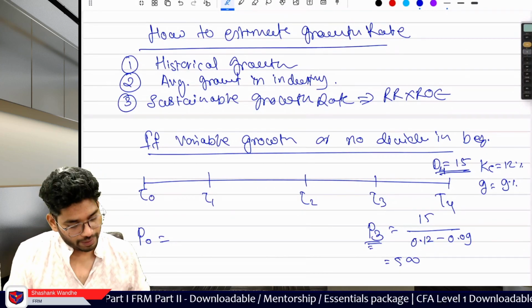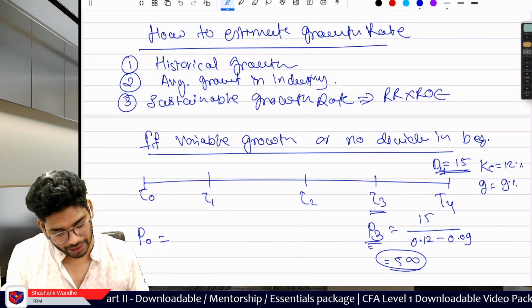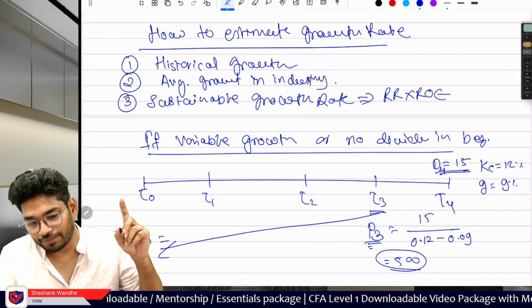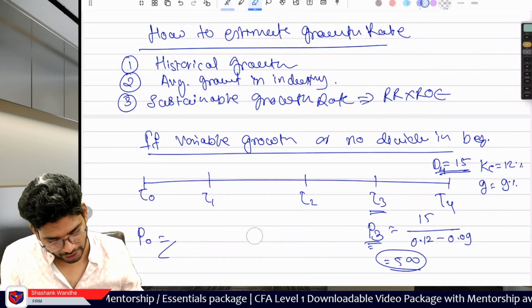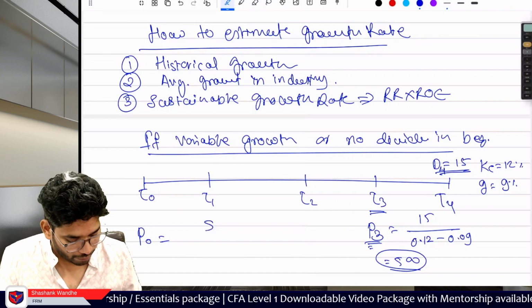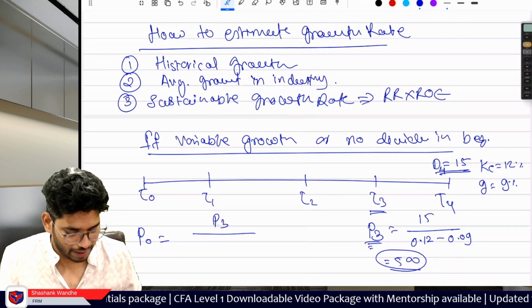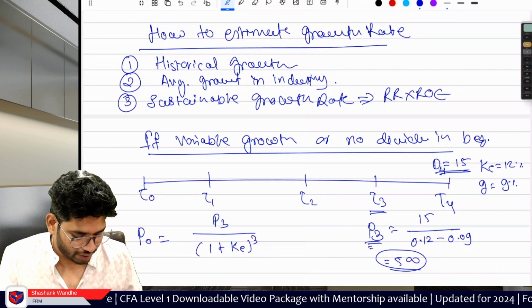Now, once I give you P3, the terminal value at T3, can you do the simple calculation of discounting this P3 back to P0? Yes, everyone can do that, right? So in formula terms, we will take P3 and discount it by 3 periods.